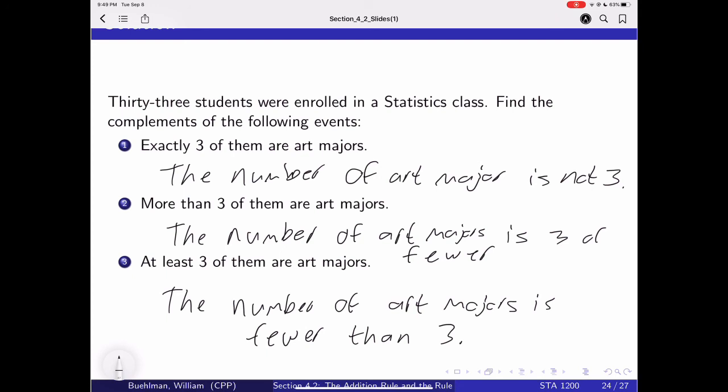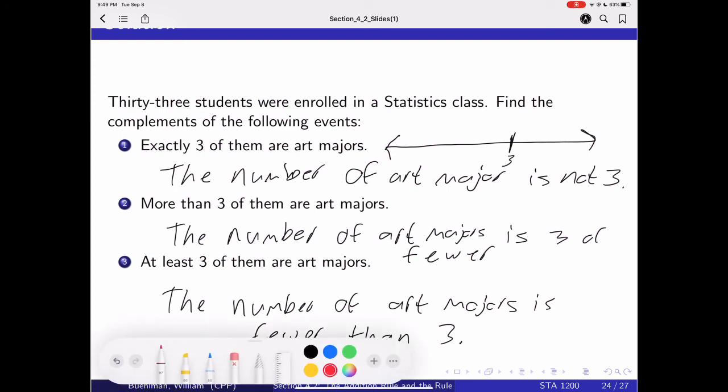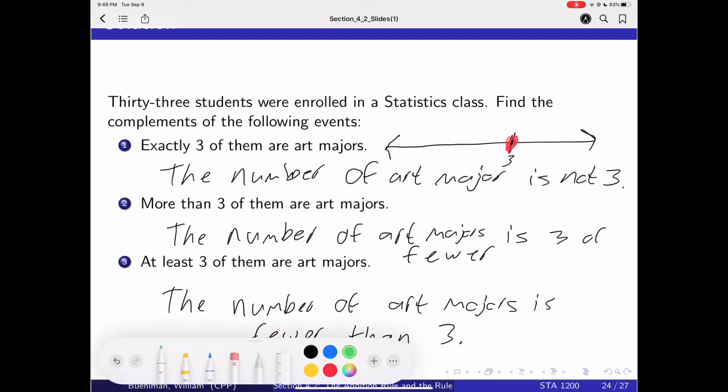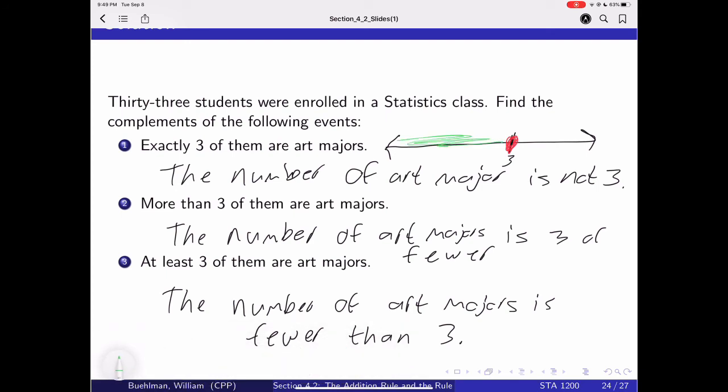So I'm going to kind of draw you number lines for each one to see if that helps as well. So for this one, we have just 3 by itself. So here's 3. And we want a statement that covers everything but 3. So that's why we did this and this right here. The number of art majors is not 3. See, we've covered everything but 3.